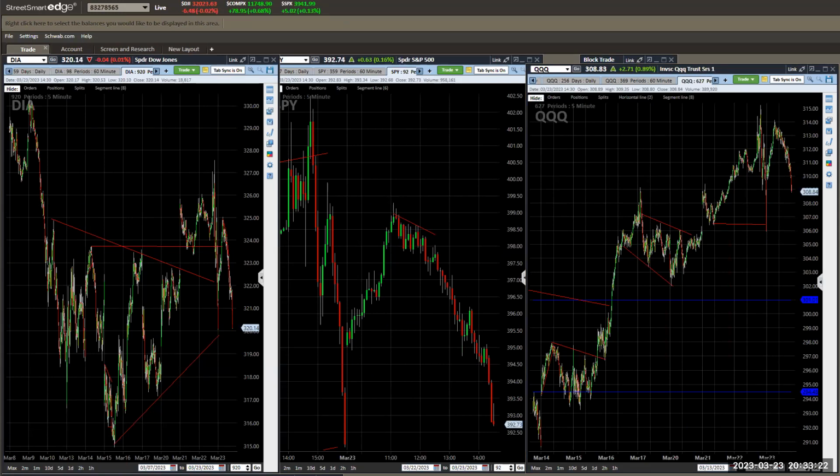Something to look at, which is interesting right now, is that the diamonds are actually right now at yesterday's low. Okay, that can be support, and so is this trend line, which it probably broke already a little bit.